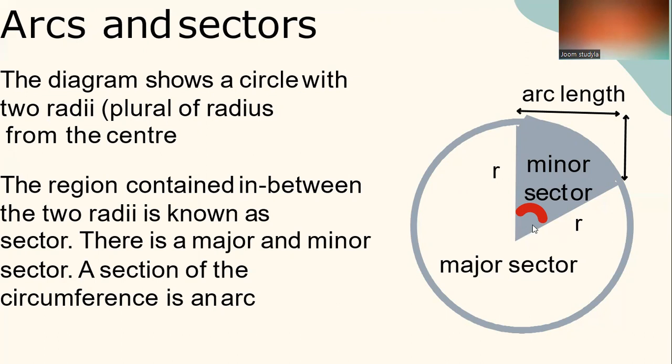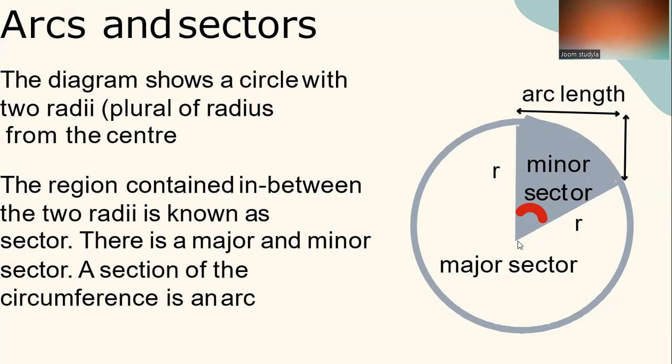Okay, if you can see, this is the arc. The arc length is occupied by two, we say, radii. So the region contained in between the two radii is known as a sector.